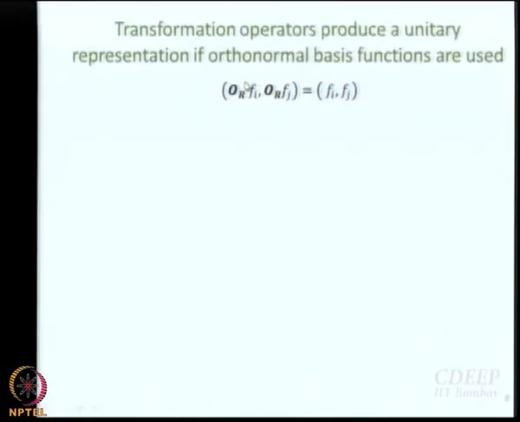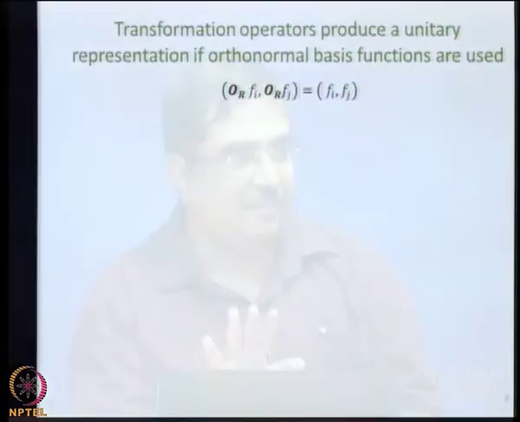And to do this, we start from something that we learned a little while ago, that the scalar product remains the same. The scalar product of the transformed functions is the same as the scalar product of the original functions. Now, you are using orthonormal basis functions, right?